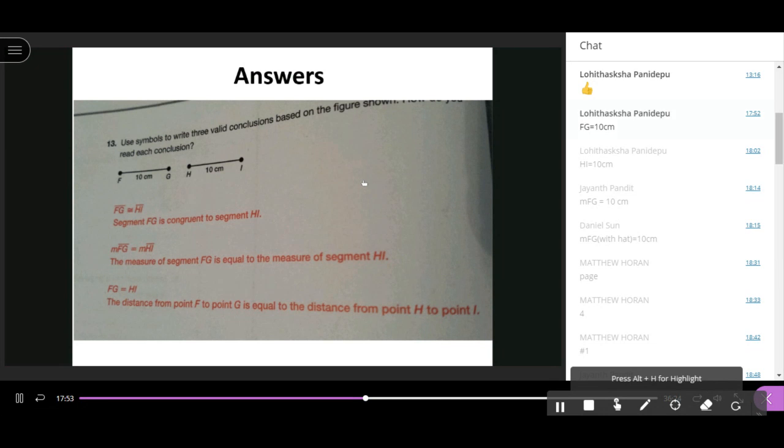HI equals 10 centimeters. What else could you say is 10 centimeters? Good, the measure of FG. There'd be a hat on that, but thank you. It's hard to put that in the chat box. That's what I'm looking for. By the way, if you're watching the recording, you can see the chat box.